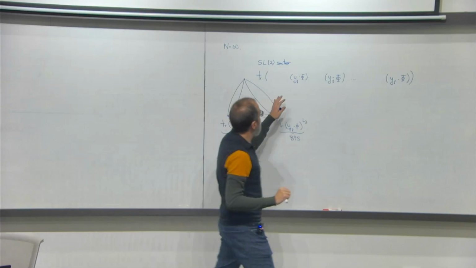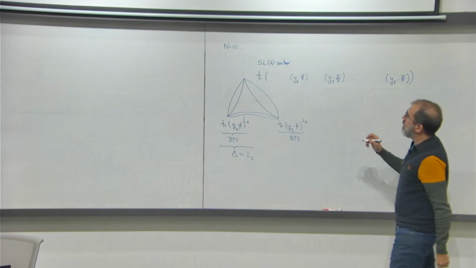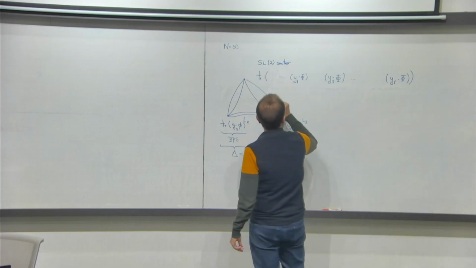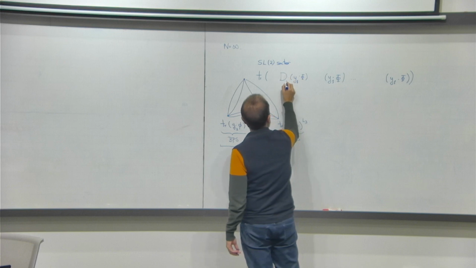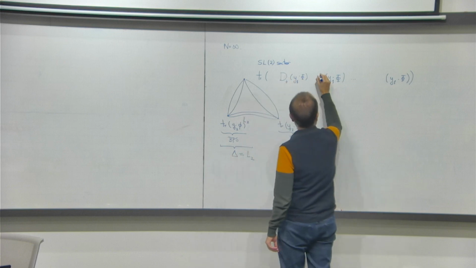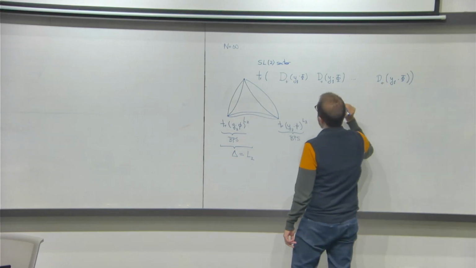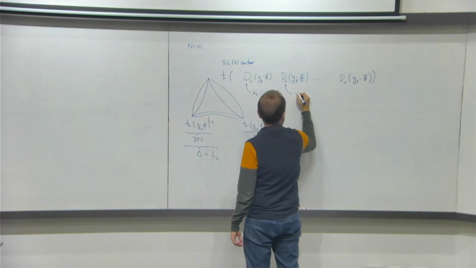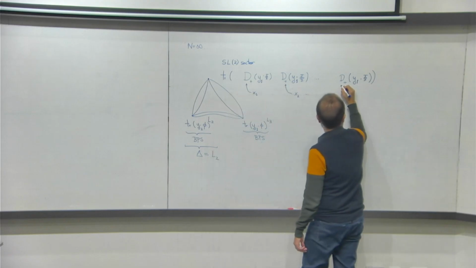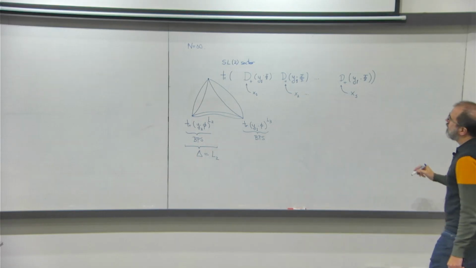What's interesting is that I'm not going to just consider the BPS guy, but we are going to consider this SL2 sector, which means that I sprinkle this state with some derivatives in one of the light cone directions. I can put these derivatives at some position x1, another derivative at position x2, and there can be in total s derivatives, all the way up to position xs.